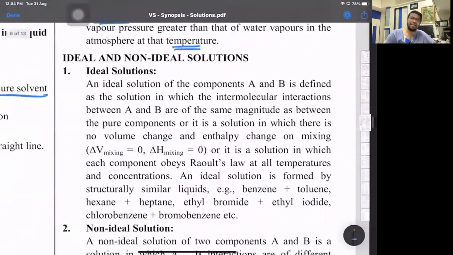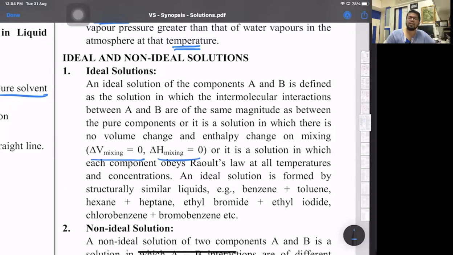Now, ideal and non-ideal solutions. What is the concept of an ideal solution? Two components, solute A and solvent B, when they are mixed, there is no change in the volume and no change in the enthalpy. Is this clear? Then that's what we call an ideal solution.